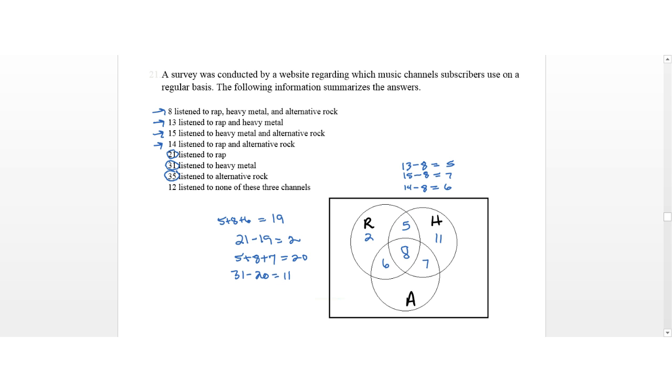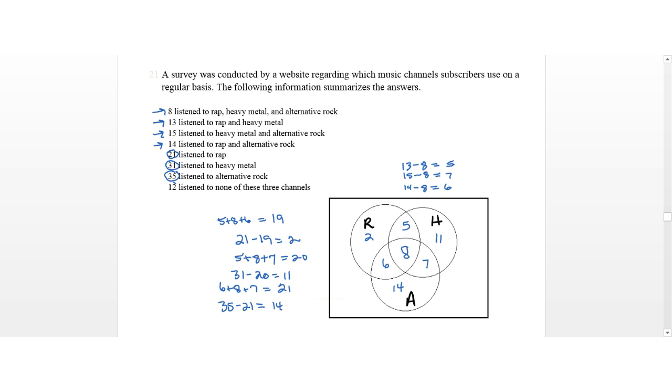And we have 35 listen to alternative rock. So for all the listeners within alternative rock, we already see that we have 6 plus 8 plus 7, which is 21. So we'll have to subtract 21 from 35, and that leaves us with 14 listeners.